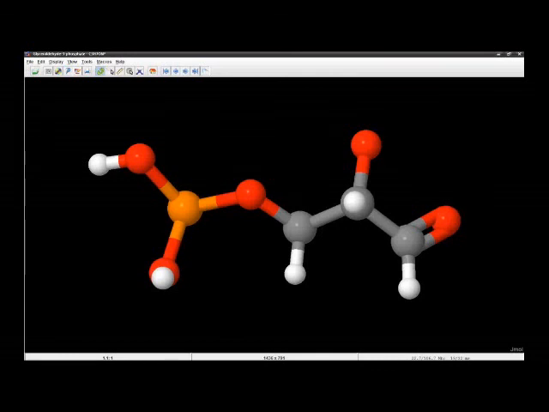Furthermore, the production of erythrose 4-phosphate is very important, as it is a molecule that's used in the synthesis of aromatic amino acids. And furthermore, the pentose phosphate pathway, in fact, accounts for 60% of all NADPH formation in humans. So this is a very important pathway in basically all living organisms that it occurs in.